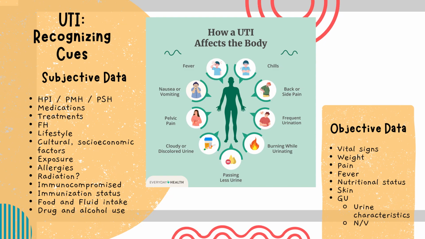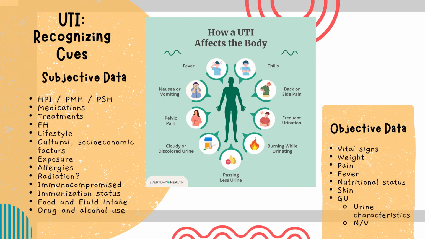If so, what treatments did they have in the past if they do have frequent UTIs? Do they have a family history? What's their lifestyle, specifically like sexual activity? Some cultural, socioeconomic factors will come into play here. What exposures have they had?